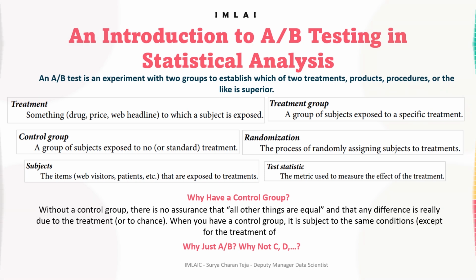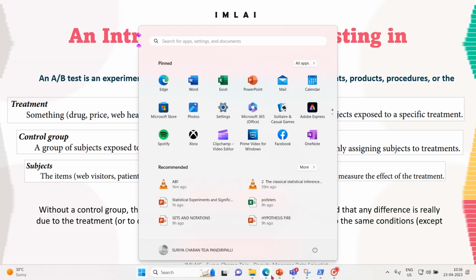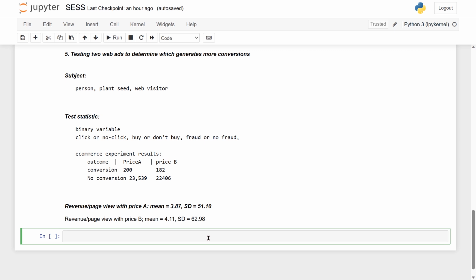If you want to check which of multiple possible prices is best, instead of A/B testing, data scientists will use the multi-arm bandit algorithm. Not to worry, we'll be discussing this algorithm in this course on inferential statistics.